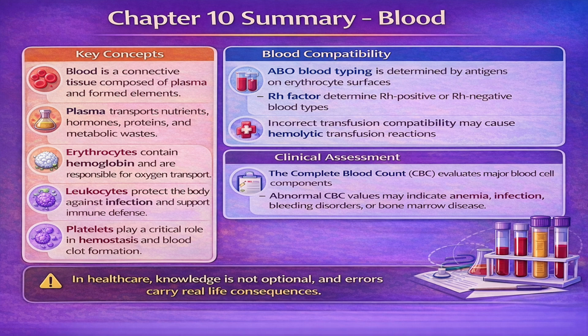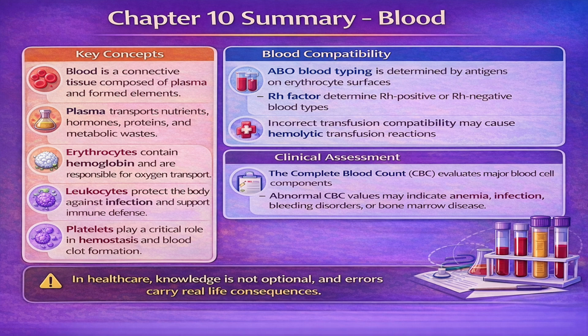Finally, we discussed how the complete blood count, or CBC, provides valuable diagnostic information by evaluating red blood cells, white blood cells, and platelets. Abnormal CBC values may indicate conditions such as anemia, infection, or bleeding disorders requiring further clinical evaluation.